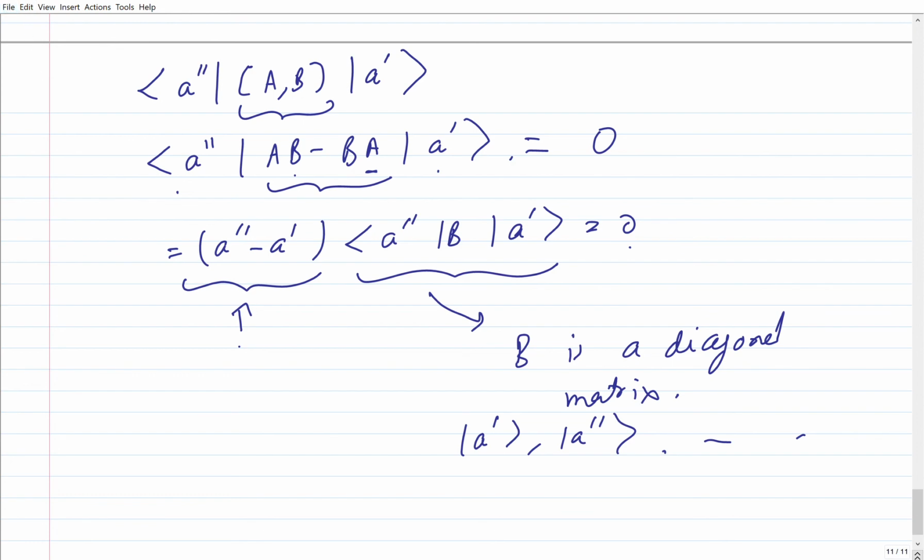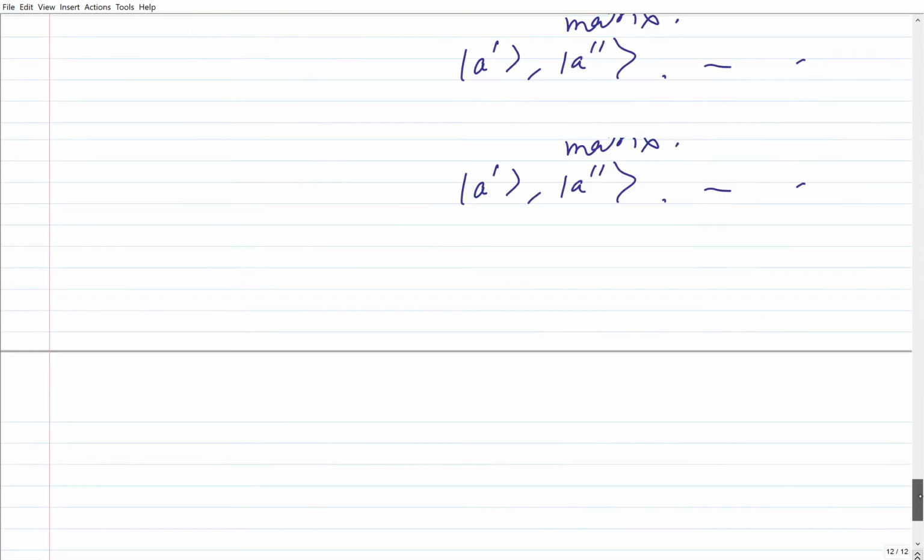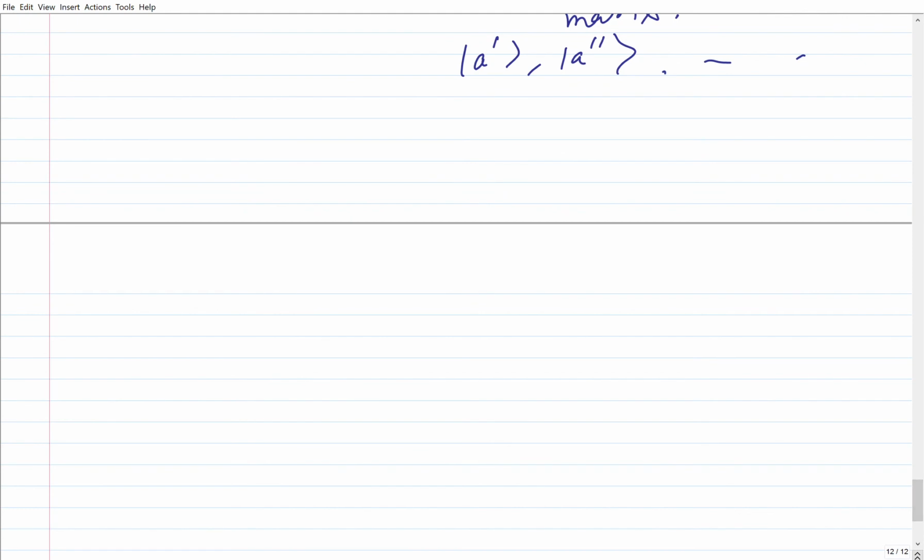Mind you, we did this for non-degenerate eigenvalues. The statement holds even if there is n-fold degeneracy.